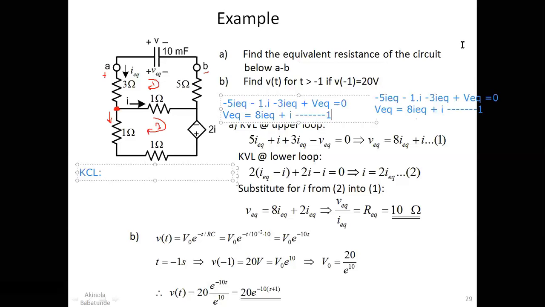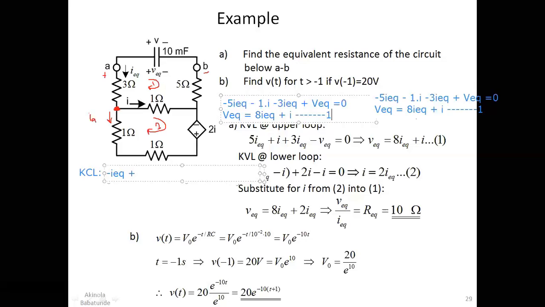Let's just call it IA. Okay, the current passing through coming down from here. Let's label it IA. So if you have that, for our KCL, we can easily say we have current coming into that node will be negative. So you have minus I equivalent, right? So I is leaving, so that is going to be plus I, right?